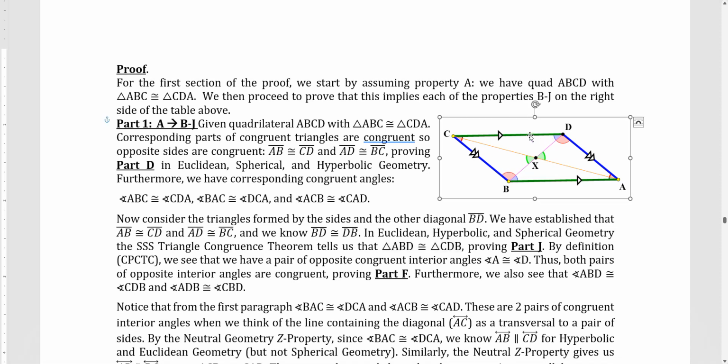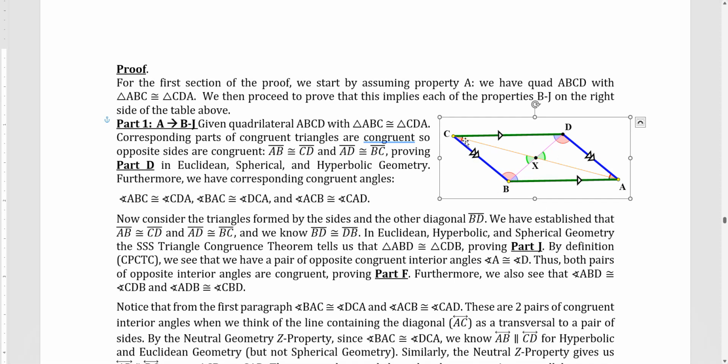If you think of this as a transversal to these lines here, those angles are congruent. That's a pair of alternate interior angles. If you have alternate interior angles that are congruent in Euclidean geometry, and in hyperbolic geometry, but not spherical, that's enough to make the green sides AB and CD congruent to each other. And you have a Z going the other way as well.